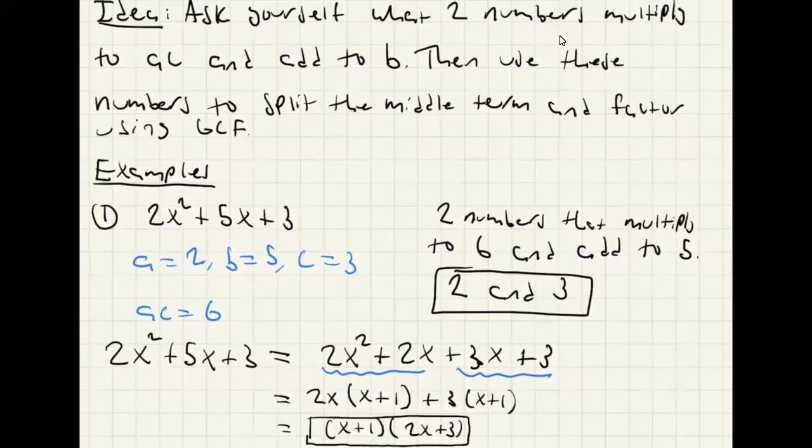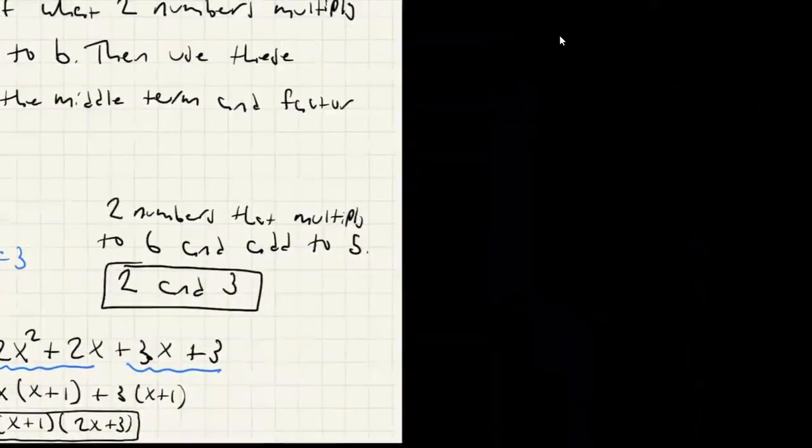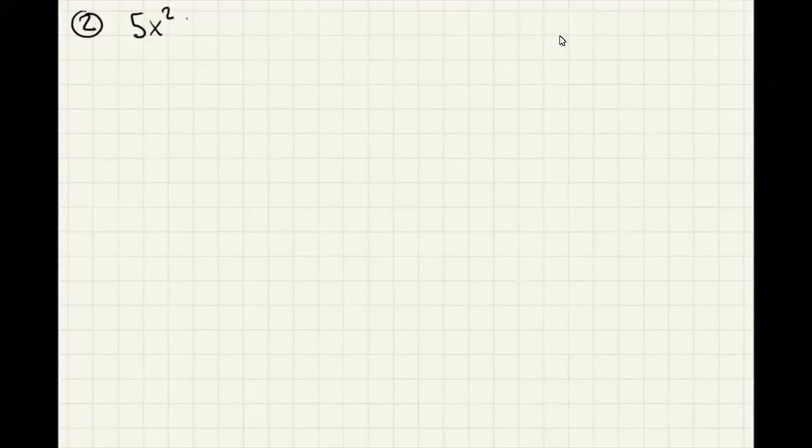Let's do another one. Let's do this example: 5x squared plus 7x minus 6. So the question we start with, actually maybe let's identify the things first, the a, b, and c.